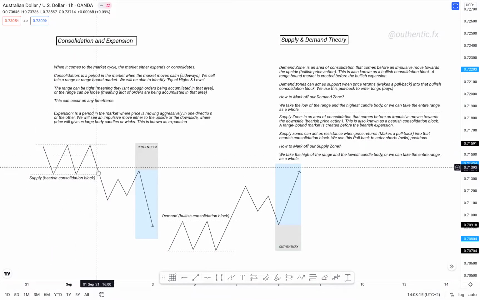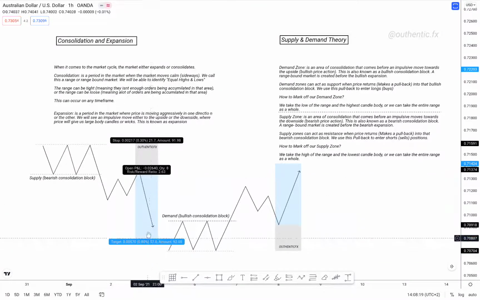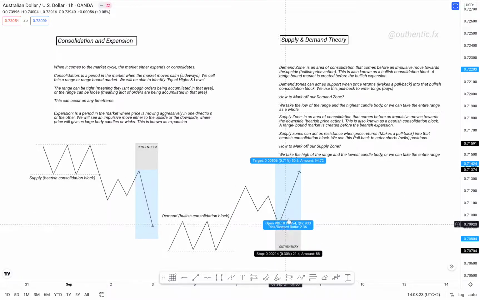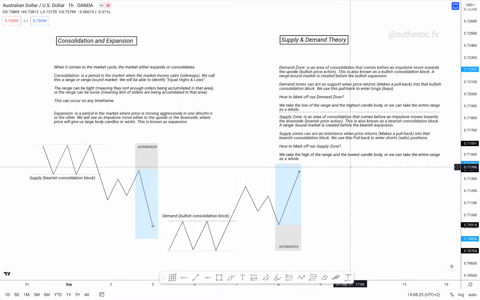And then once price breaks out of that consolidation, we'll then see price start to move aggressively either to the downside or push up, come down, pull back, and then continue up to the upside, guys. So this is known as expansion, right? Large body candles and wicks will be a part of this expansion period in the market, guys.